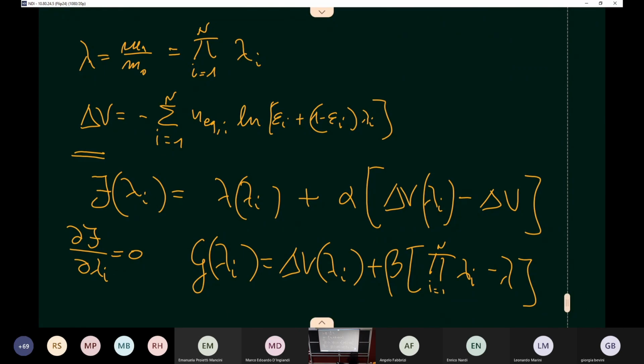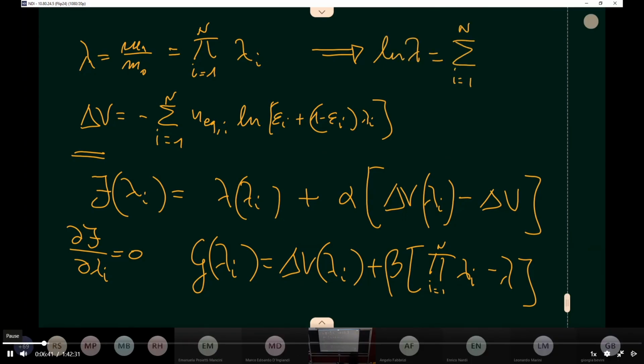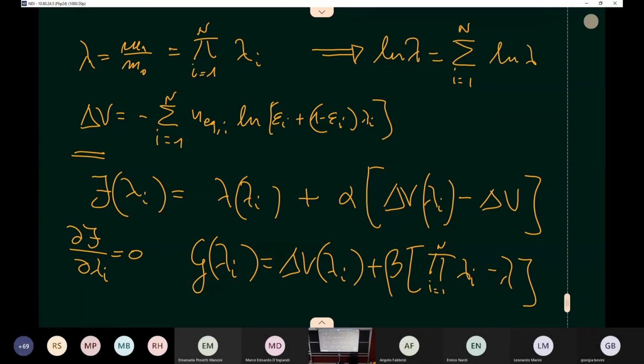We can better write these equations exploiting, as we have a product here, everything becomes simpler if we consider the logarithm of lambda. So that we transform the product in a sum.